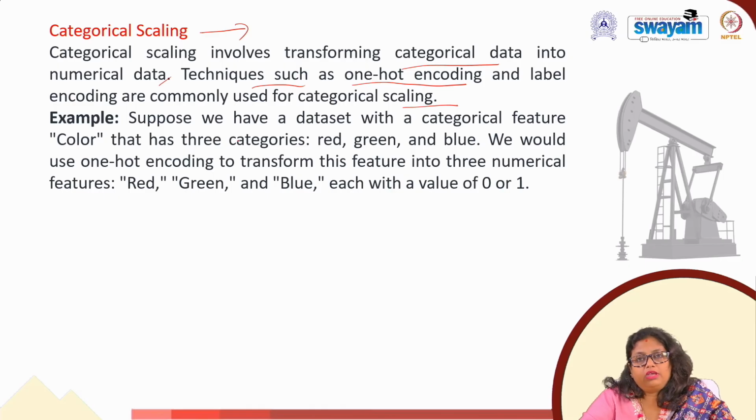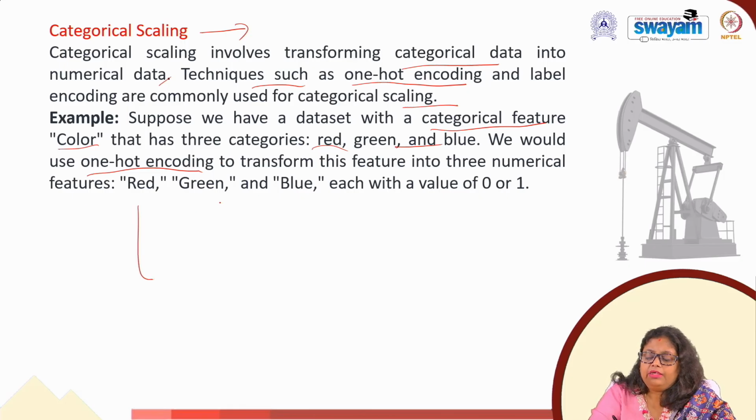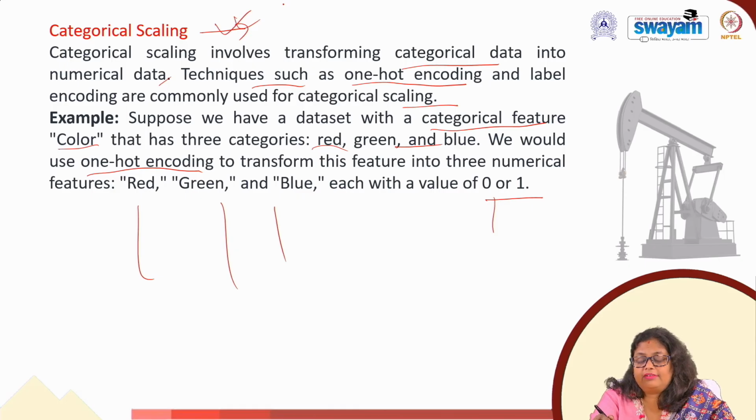For example, suppose we have a data set with a categorical feature like color that has three categories: red, green and blue. We would use one hot encoding to transform this feature into three numerical features, red, green, blue, each with a value of 0 or 1.